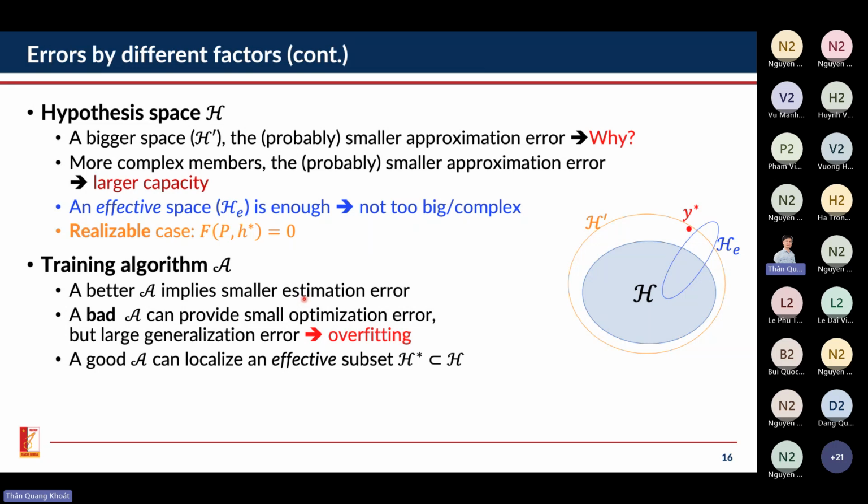In that case, the trained model can be overfitted, so the learner can be very bad. A good learner should localize a subset of the model space so that in that area there exist many good models, and then it can return a good model, right?